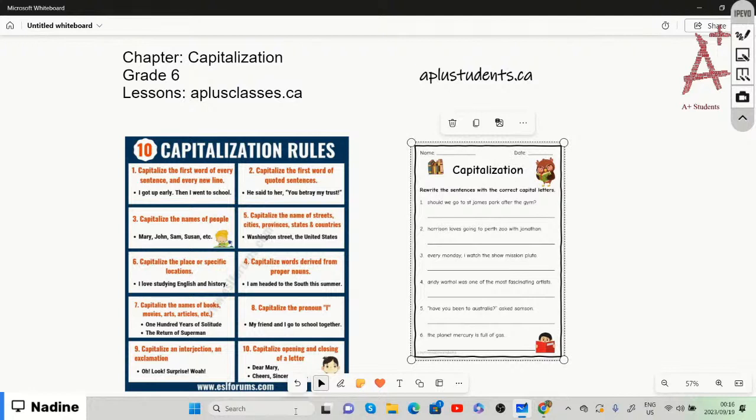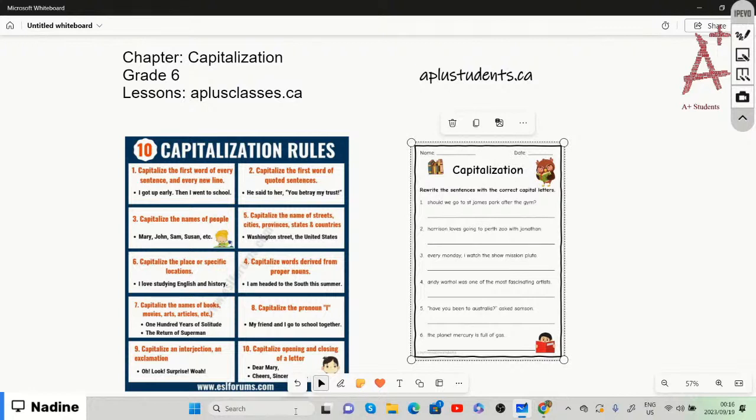For example, 100 Years of Solitude. Remember, we see that the of is not capitalized. The Return of Superman. In that case, the is the start of the title of the book.